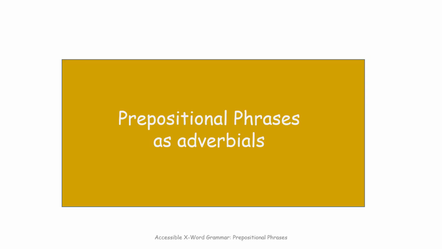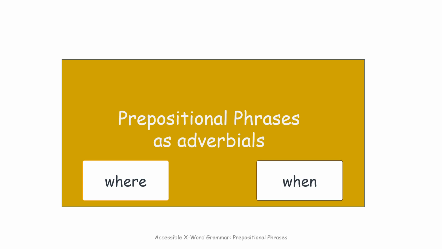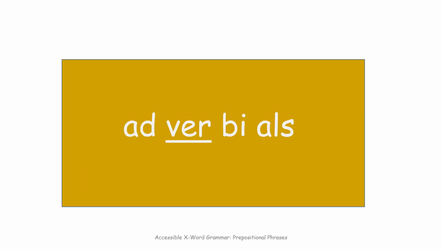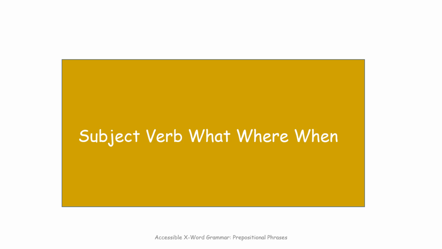Prepositional phrases can also tell us where or when. In these positions, they are called adverbials. Adverbials tell us things about the verb, like where and when the action took place. Of course, the parts of an English sentence have a set order too.